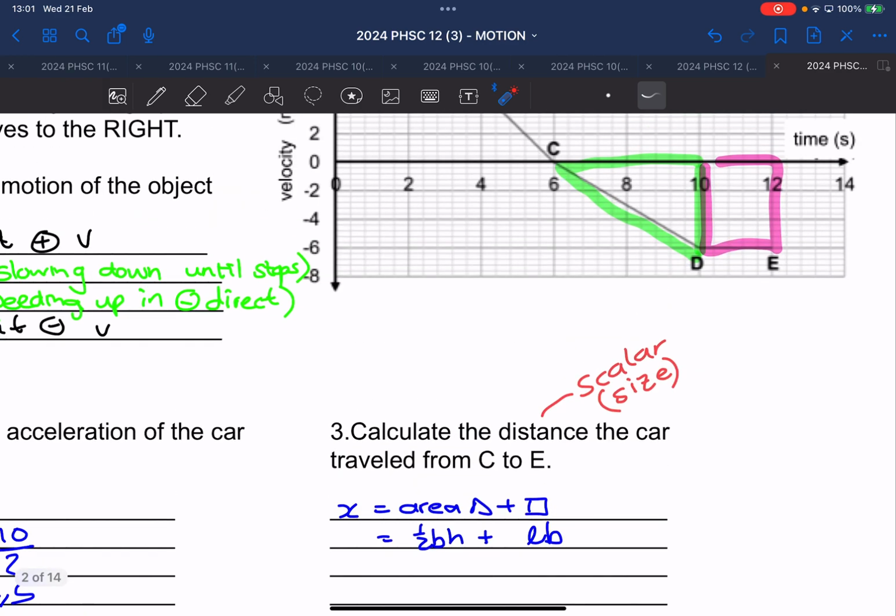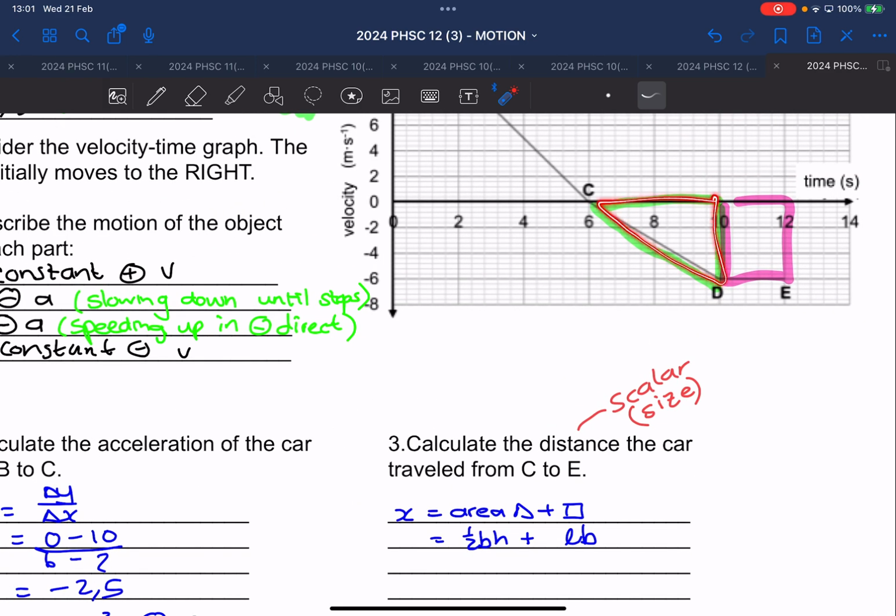Okay. So if we look there at this triangle, our base is what, Dimakatsu? Four. From 6 to 10 is 4.